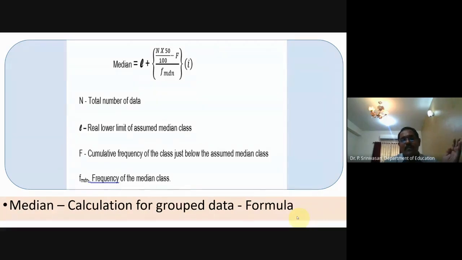Now we are going to calculate the median. Remember: L plus N into 50 by 100 minus capital F, divided by the frequency of the median class, into i. Just think for a second. In the formula there is a portion that corresponds to the word median.